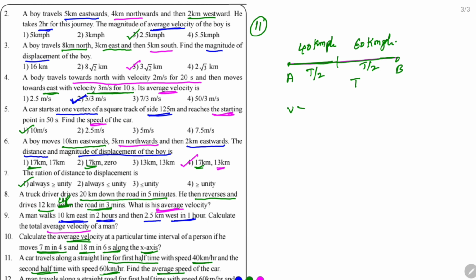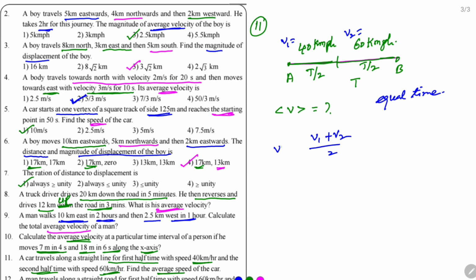So, what is the average speed of the car? In this situation, I have given a formula. When the body covers equal time intervals with the different speeds, let us say this is v1 and this is v2, then average speed formula is simply (v1 plus v2) by 2.